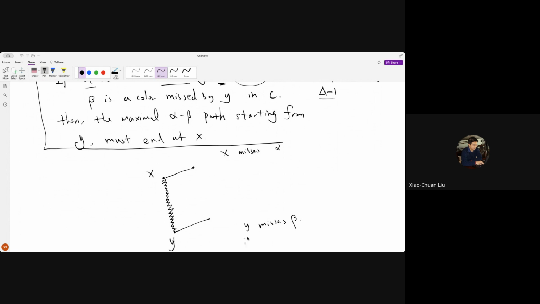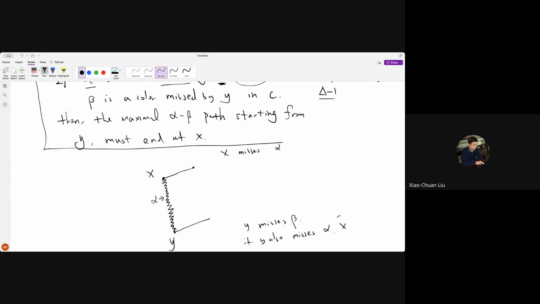So if y also, for example, misses alpha, it means that the color alpha is not used for both x and y. So you can put alpha here, and the proof is done, and you can get a proper coloring of G already.